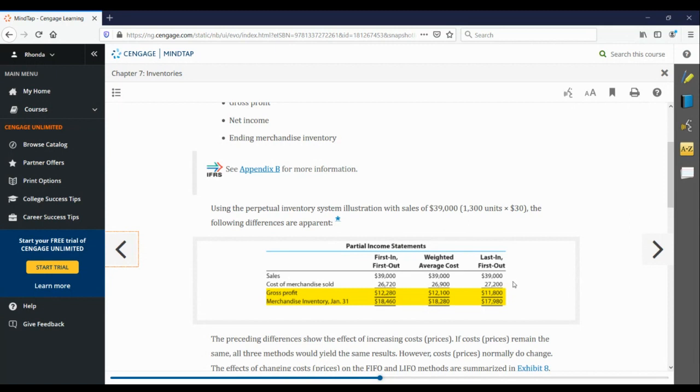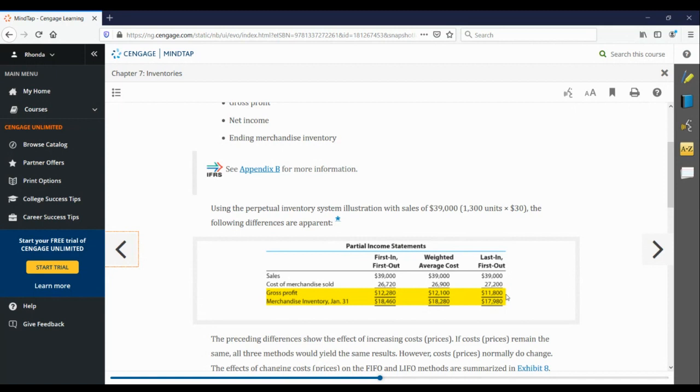If you'll notice with the last in, first out method, the amount of the gross profit, which would end up on your income statement, is actually lower than either the first in, first out method or the weighted average method. Because the gross profit is lower, it means your net income will be lower if you use the LIFO method.